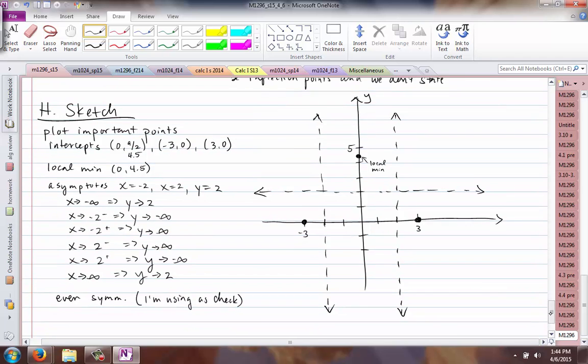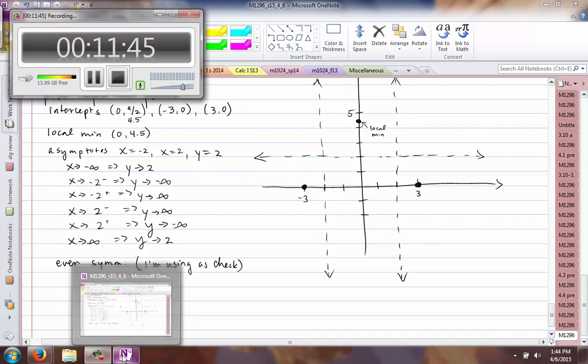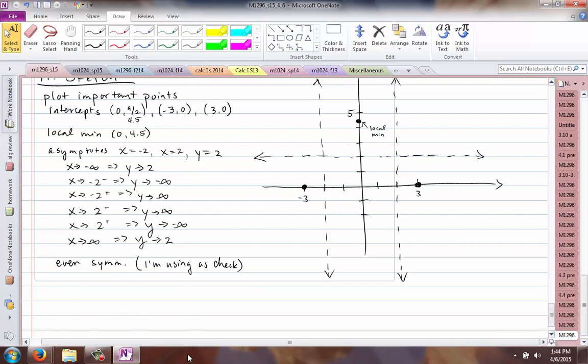Now I'm going to summarize my concavity, increase and decrease and stuff. So I'm just going to either reproduce my x-axis or make sure I'm keeping things to scale. And what I found is that the function is decreasing pretty much from negative infinity on.